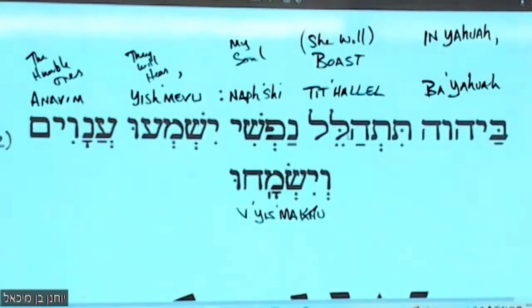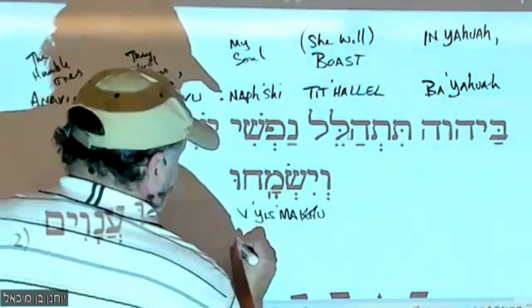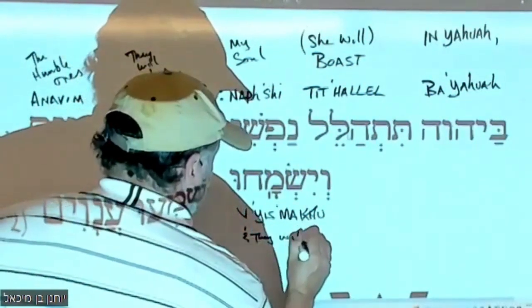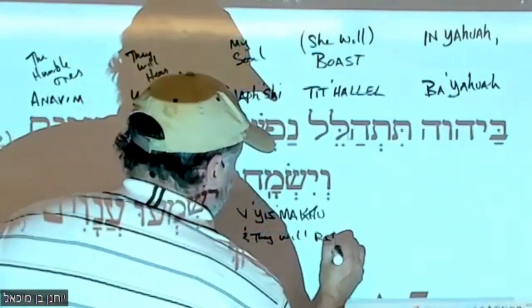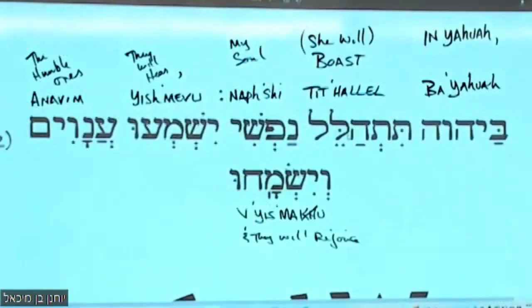And I'm supposed to join you in that rejoicing because he's treated you good. We're supposed to do that for each other, right? So, and they will rejoice. All right. That is Psalm 34:2.